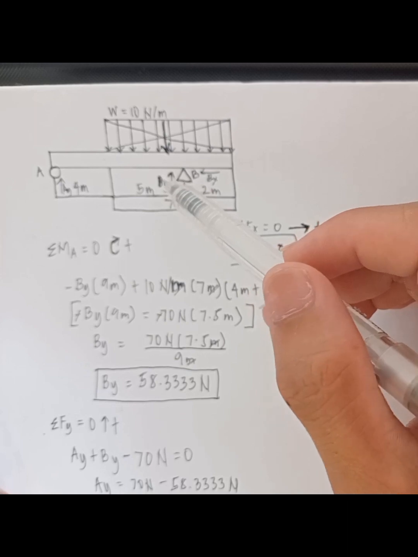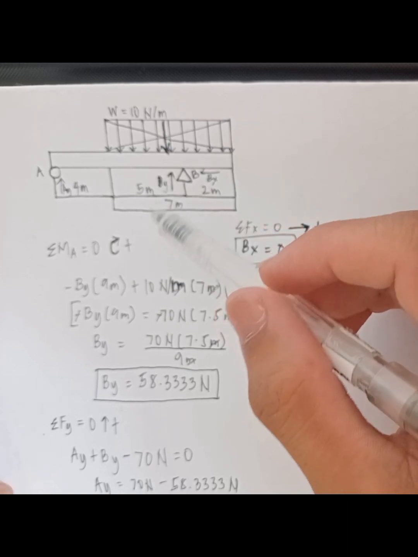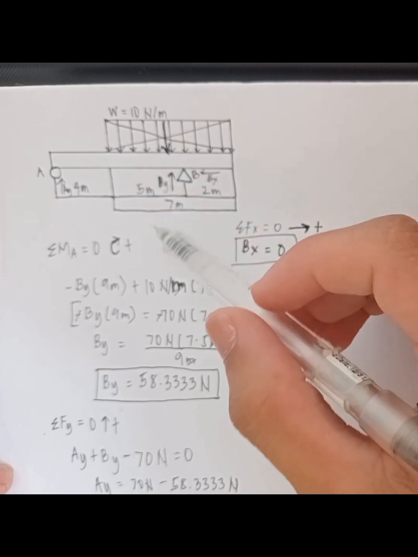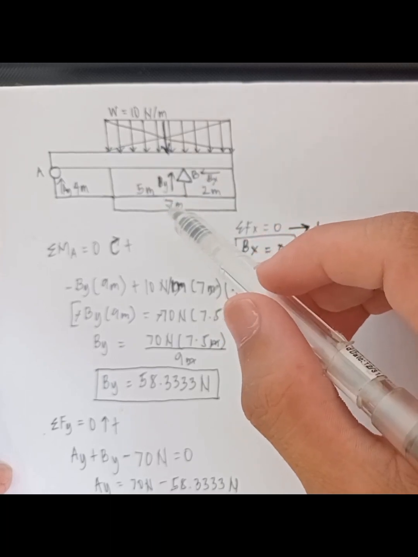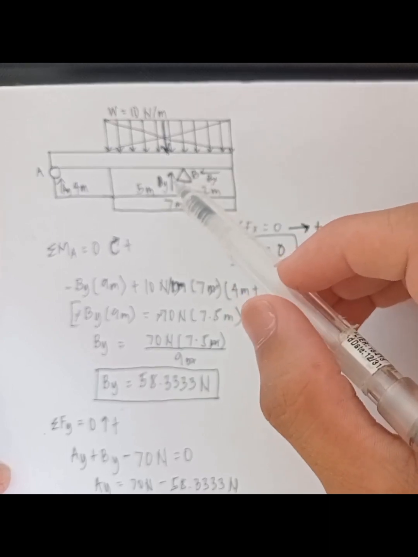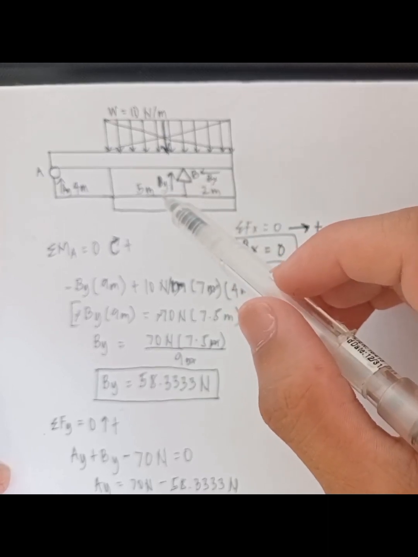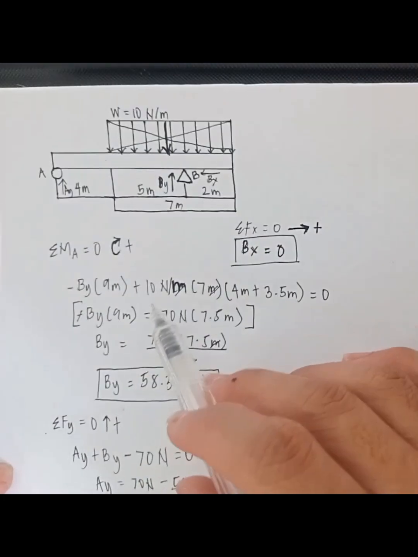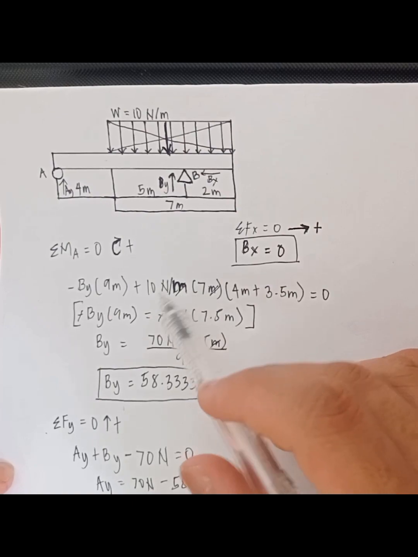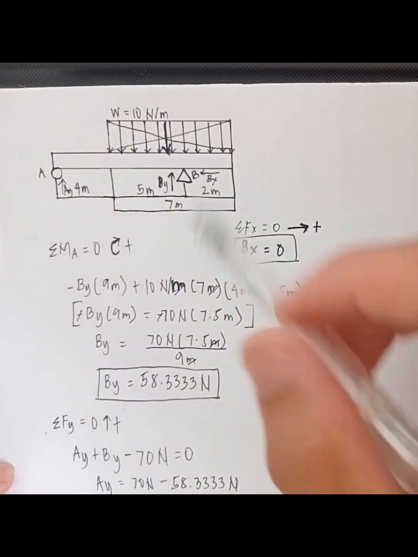it must be positive. Since it is distributed already over its total distance, which is 7 meters, we can solve for its equivalent force by multiplying it by its total distance. So 10 Newton per meter times 7 meters. We can cancel the meter, so we get the equivalent force.